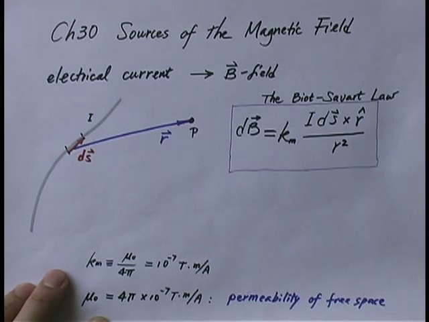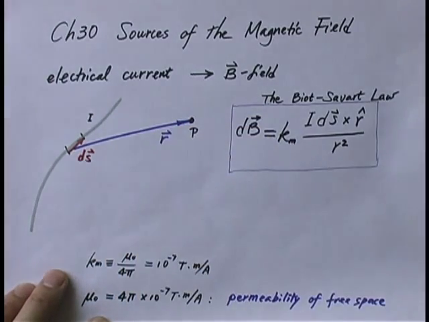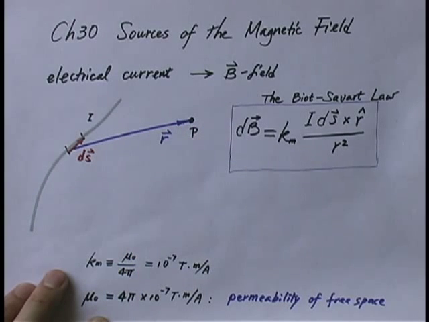What if you have a finite length segment, say from here to there? What is the total magnetic field produced by this entire segment? Well, remember how we went from a single point charge to a bunch of charges to any charge distribution? The key was to use the so-called linear superposition principle, right?